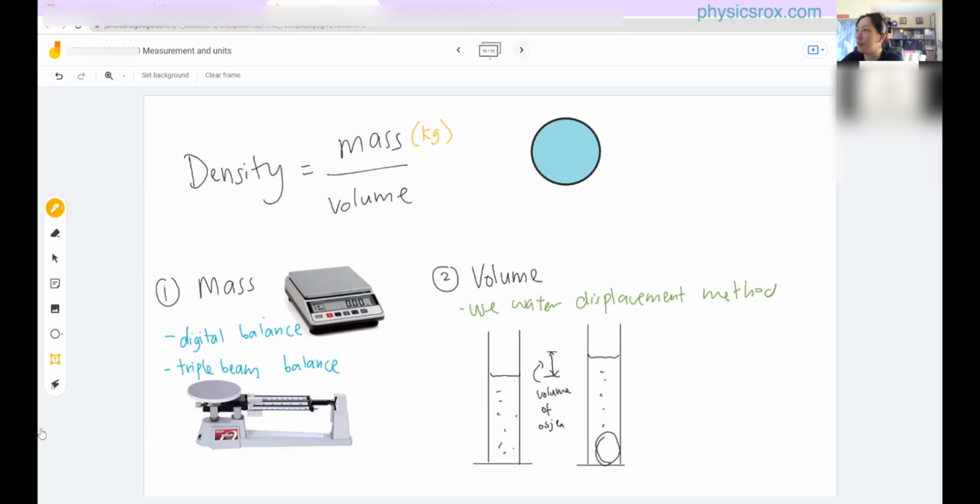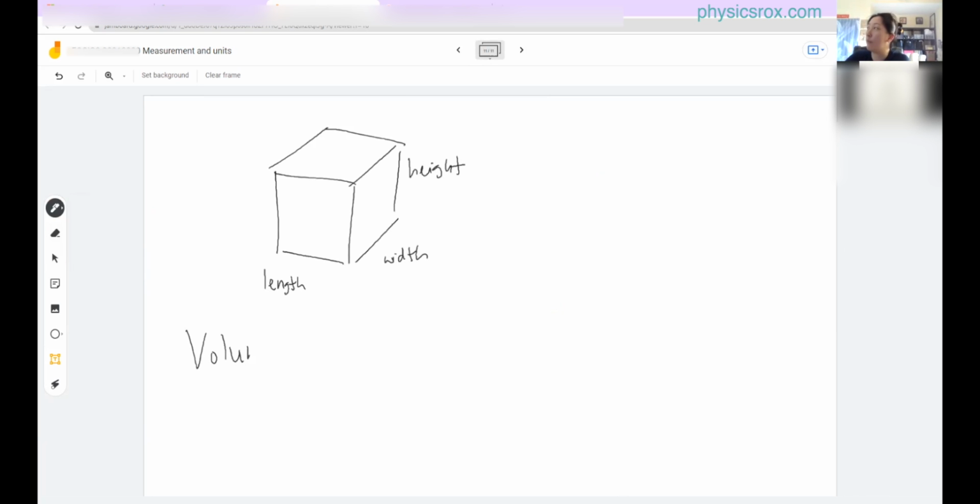So how do you remember it then? It's like this. I will just draw a cuboid, even though it's a sphere, but never mind, we use a cuboid for this example. So the cuboid has the length, the width, and the height. Let's say you need to calculate the volume of the cuboid. What's the formula for the volume of the cuboid?